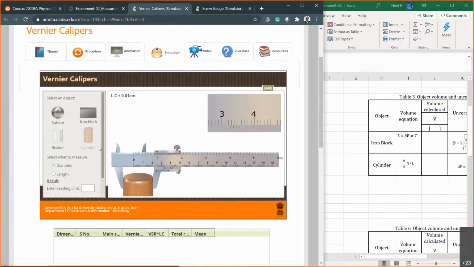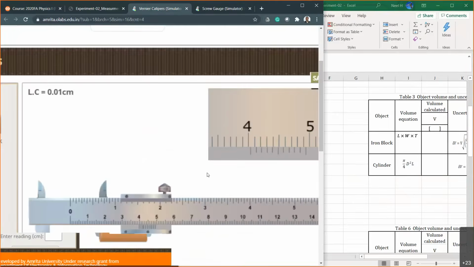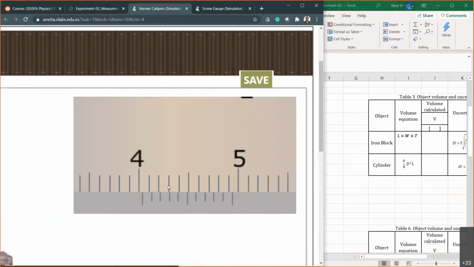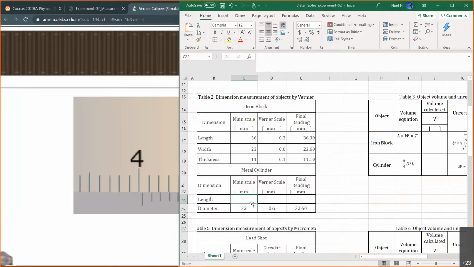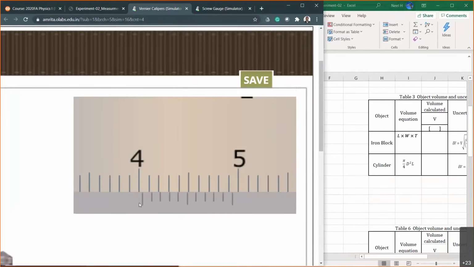Let's read the other dimension. That's the length. Click on the length, then the object will change automatically. Bring the outer jaw. After it connects, let's read this one now. The line left of the first gray line right here is 4, which means 40 millimeters. And for the Vernier scale, starting from the first gray line, go to your right-hand side observing the alignment. Read the first alignment, okay?